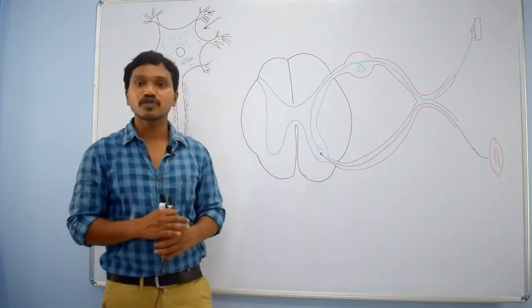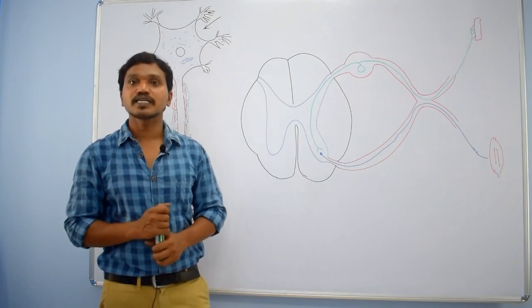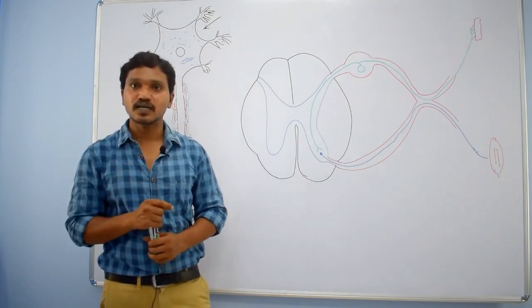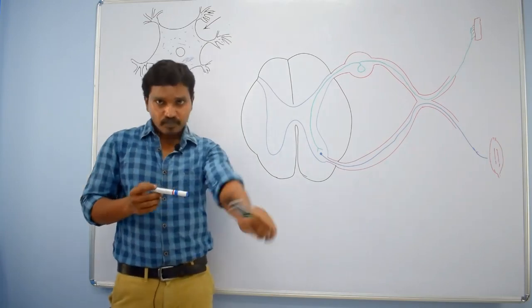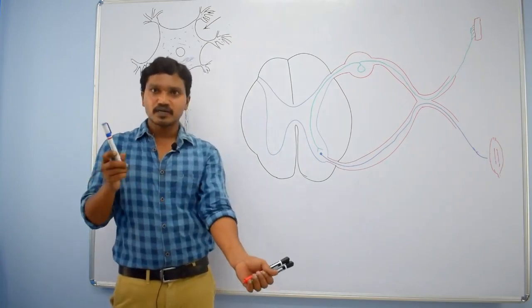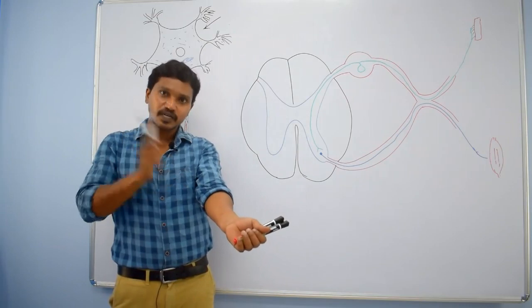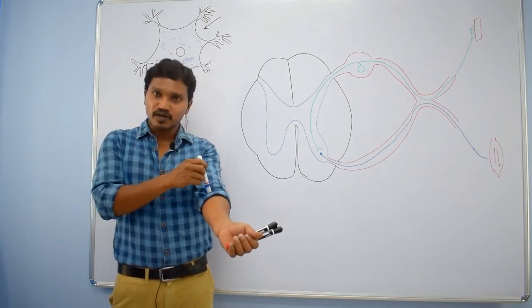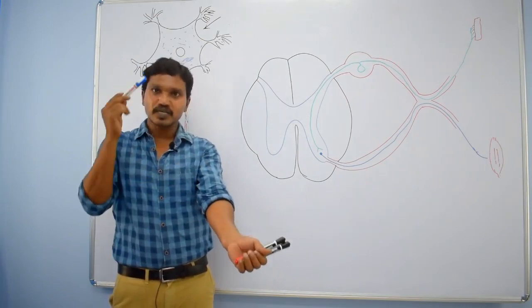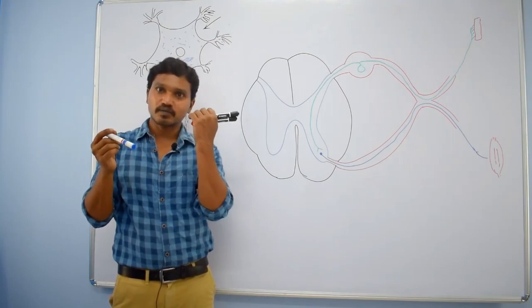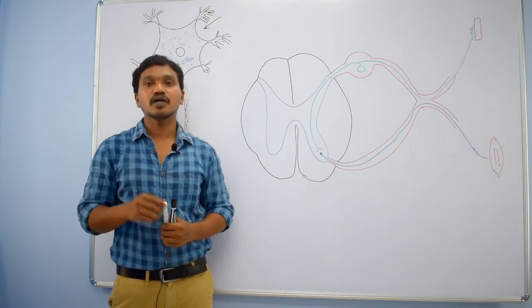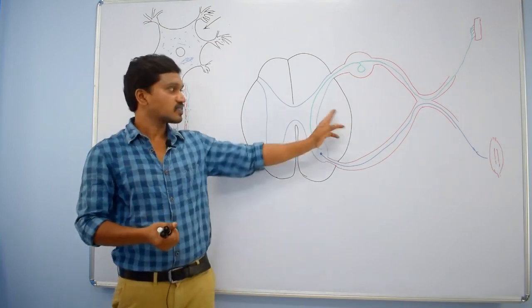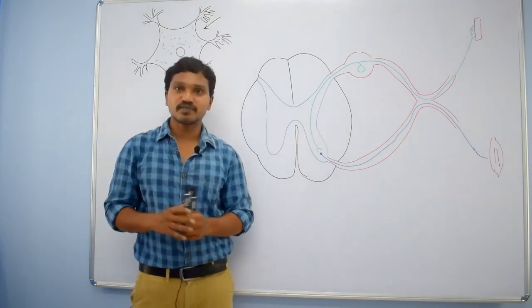The example for the monosynaptic reflex is the tendon jerk. Imagine with a knee hammer, if you tap or hit over the biceps tendon, without your brain's knowledge, the biceps will contract, right? That reflex we call reflex arc, and this is the example of the stretch reflex.